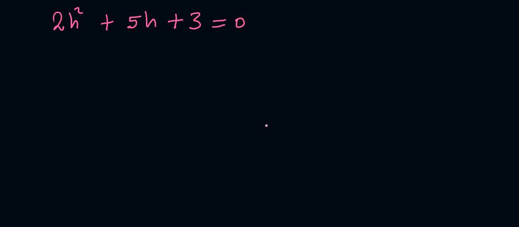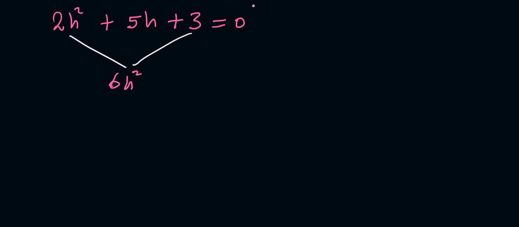Once the coefficient of h squared is greater than 1, then you have to multiply 2h squared by 3. So 2h squared times 3 is going to give us 6h squared.